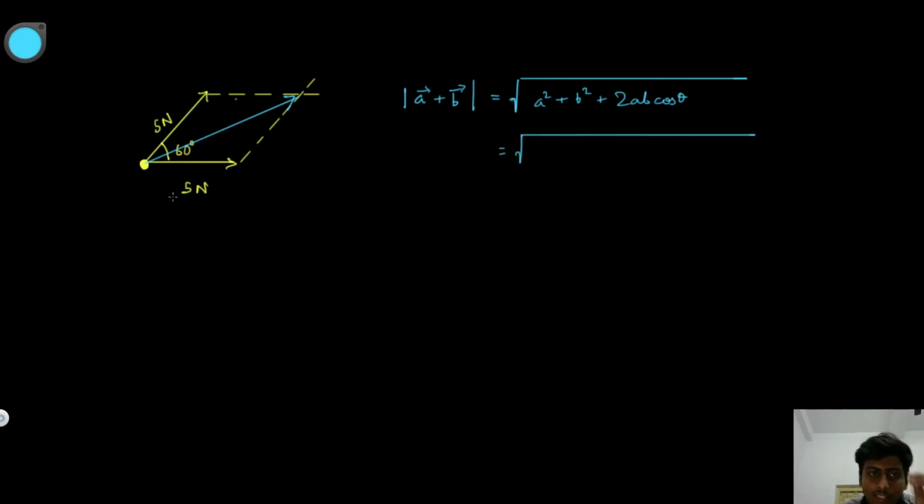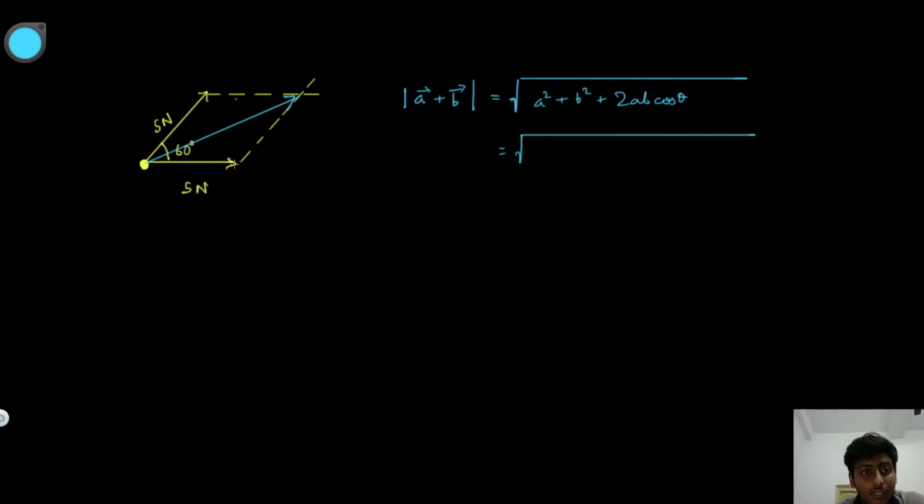Now what will be the magnitude of this blue vector? We can directly apply the formula, or we can apply trigonometry. We'll discuss both ways. If I want to apply the formula, the magnitude of a vector plus b vector is the square root of a square plus b square plus 2ab cos theta. Now here let's take this as a vector and this as b vector, right?